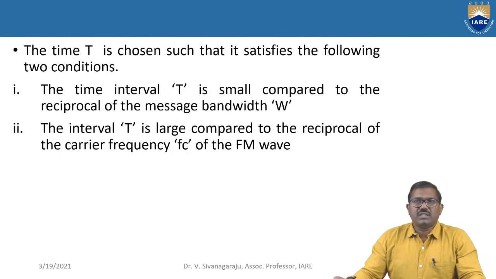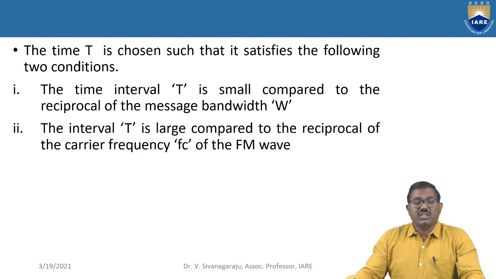The time t is chosen such that it satisfies the following two conditions. One is the time interval t is small compared to the reciprocal of the message bandwidth W, and another one is the time interval t is large compared to the reciprocal of the carrier frequency Fc of the FM.